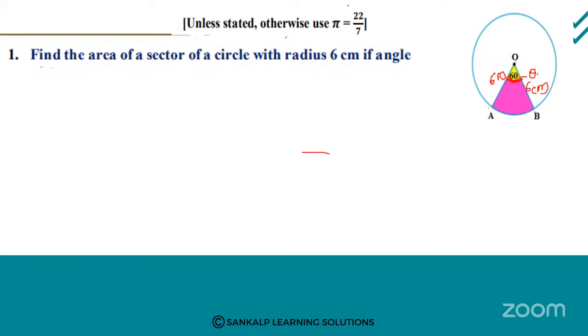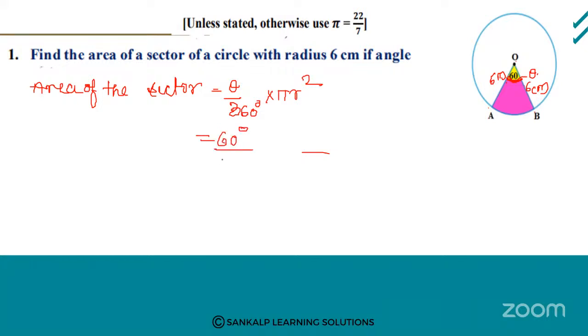So area of the sector is equal to, again the formula, theta divided by 360 degrees into pi r square. Here theta value is 60 degrees divided by 360 degrees into pi value 22 divided by 7, r value is 6 into 6 because r square is there.